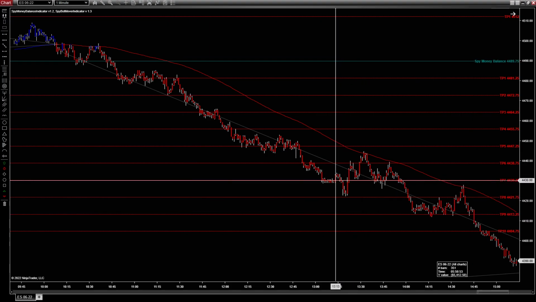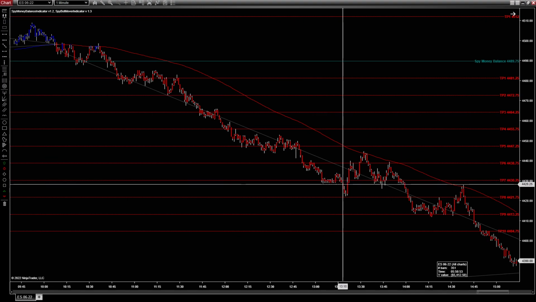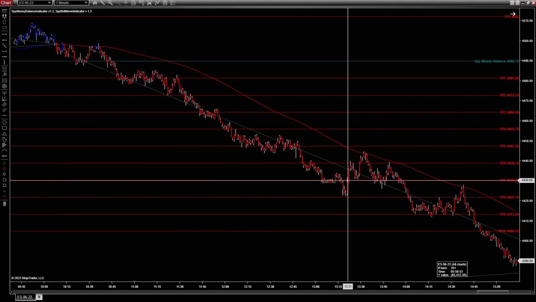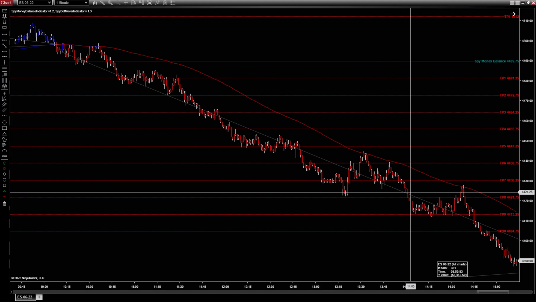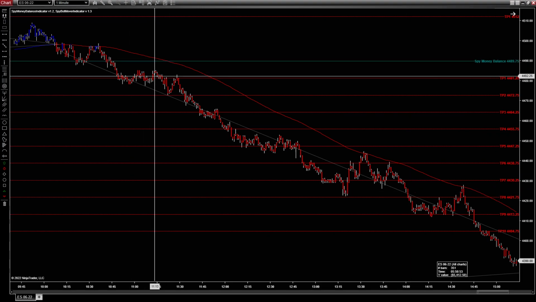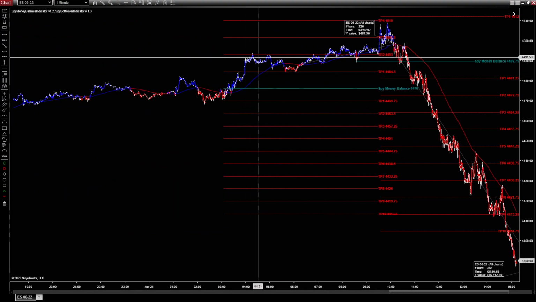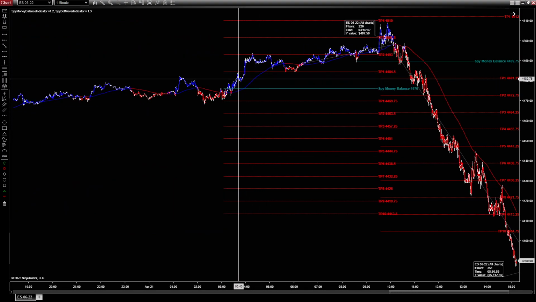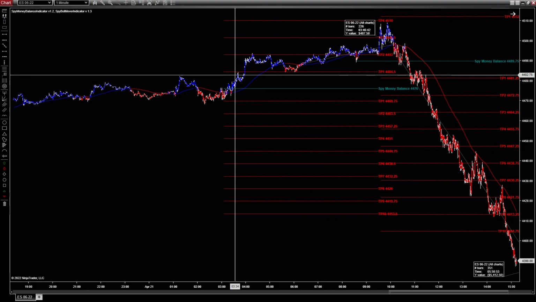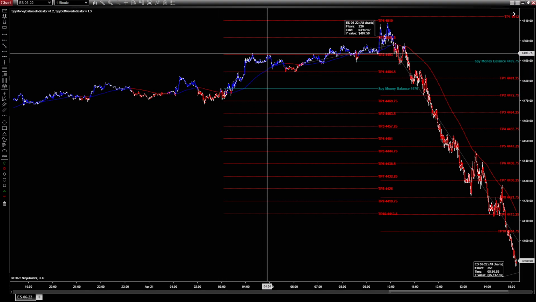Kind of letting you know. You could have got in like when it comes down here, stayed in, and then when it dropped down below, you could put your stop here when it pulled back up or whichever. But the mover itself does a really good job about keeping you in a trade. If you make the candles change colors like that, I think it helps you stay in better.